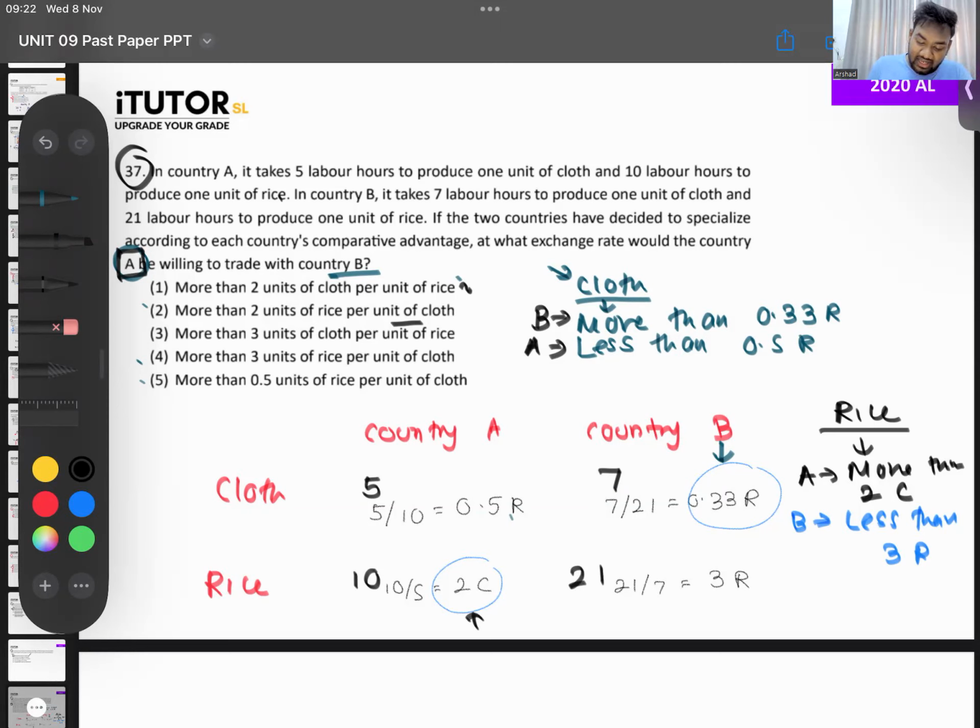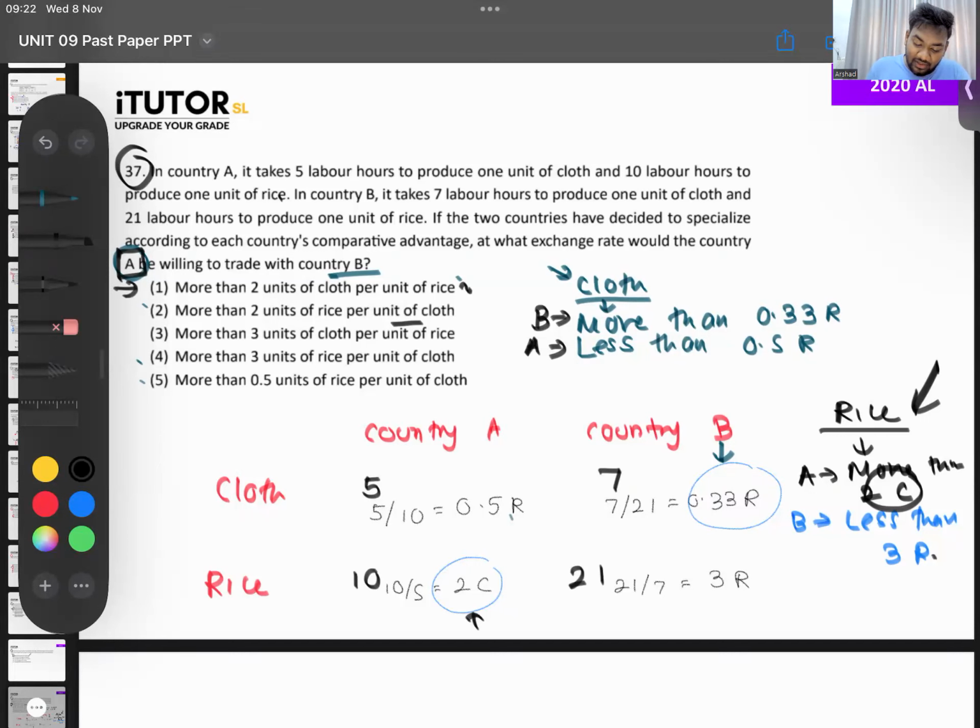So country A, per unit of rice, more than 2 units of cloth. Don't you think that looks correct? For rice, country A will want more than 2 units of cloth per unit of rice. So look at the one over here, the black one. Somewhat looks correct.